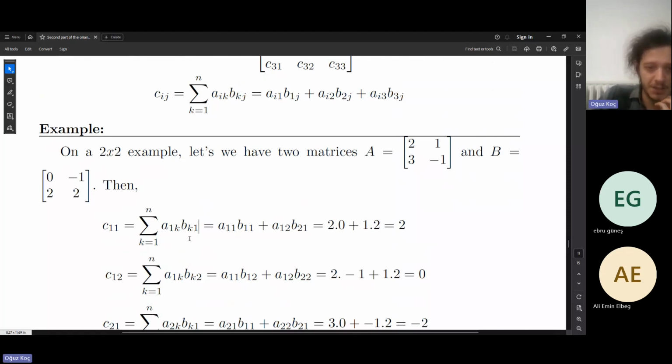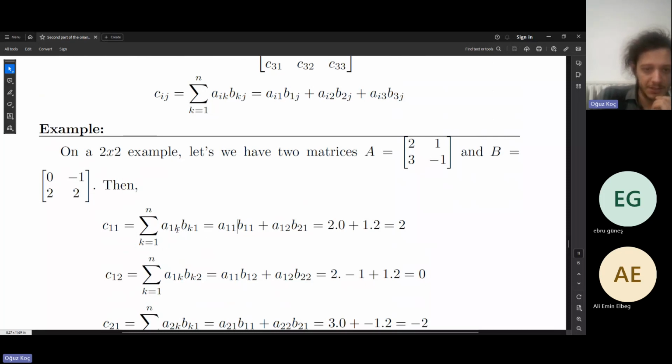Then we end up with only one changing parameter, k, and it goes up to n, which in our case is 2 since it is a 2 by 2 matrix. And then the value of k starts at 1.